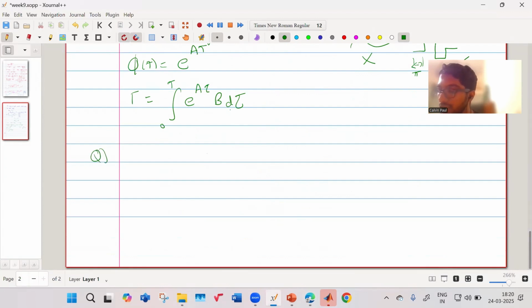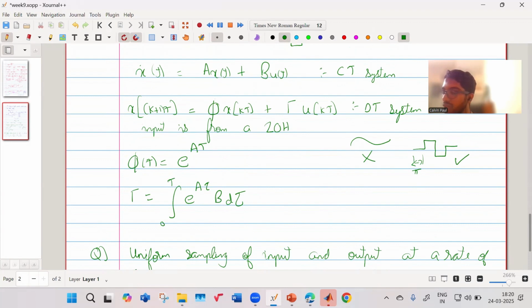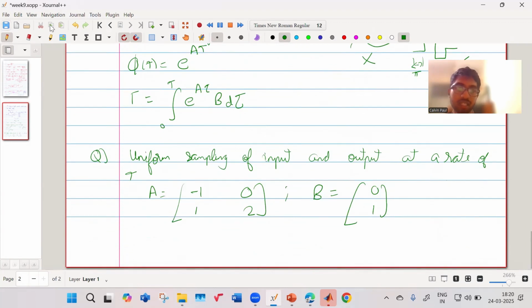What we will consider is a uniform sampling of input and output at a rate of T. Let us say A is [-1, 0; 1, 2], and B is [0; 1]. Assume this is my A and B matrix. So how do I find phi? How do I find this gamma? Let us see how we do that.